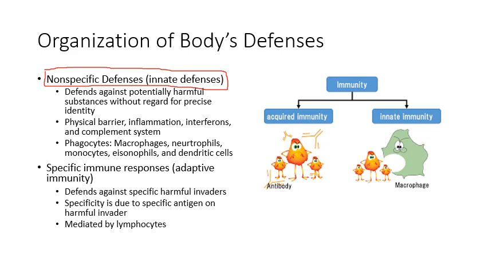Any pathogen would activate this innate defense. It is not specific to, say, a coronavirus or poliovirus and so forth. It is not a specific virus or pathogen that elicits it. Innate is any pathogen. Okay, so that's why it's called non-specific.